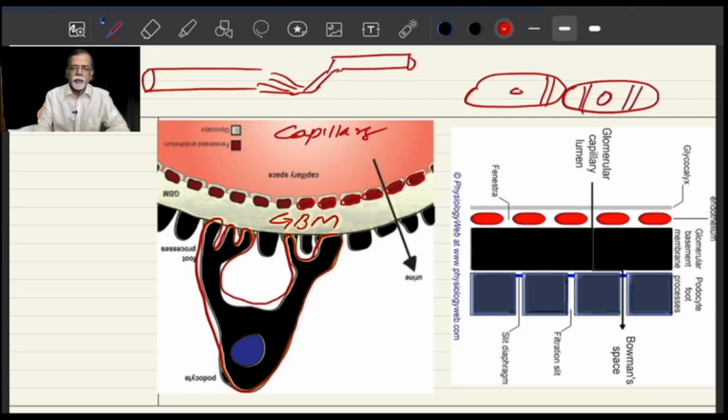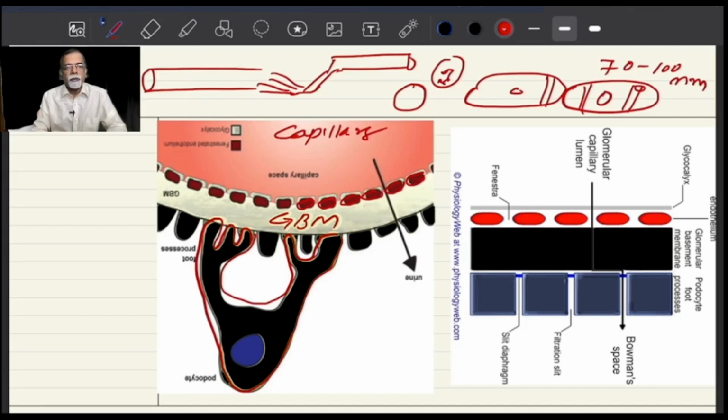These are nothing but protein channels, and these allow molecules up to 70 to 100 nanometers. So the pore size is like this. Materials which are larger cannot pass through. That is why the RBCs and also the neutrophils cannot pass through, and normal urine doesn't contain these.